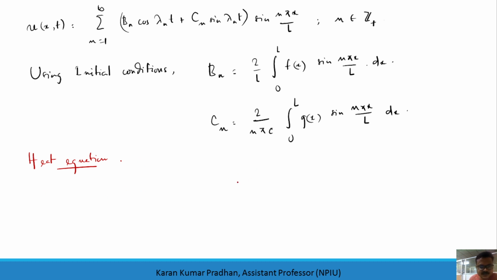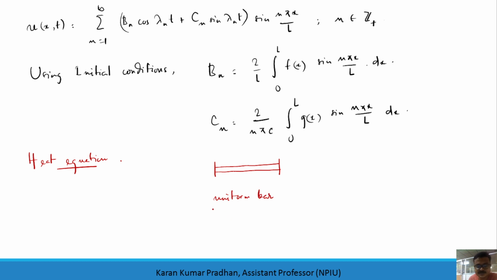So in a heat equation, let us say we have a finite bar. This is a uniform, homogeneous bar.